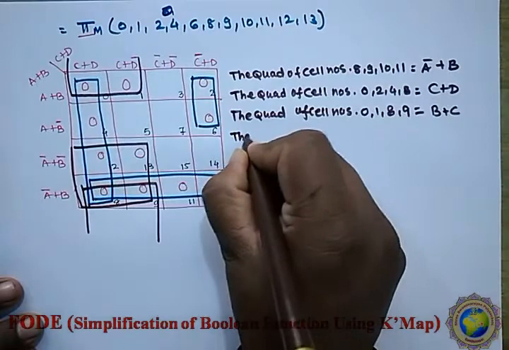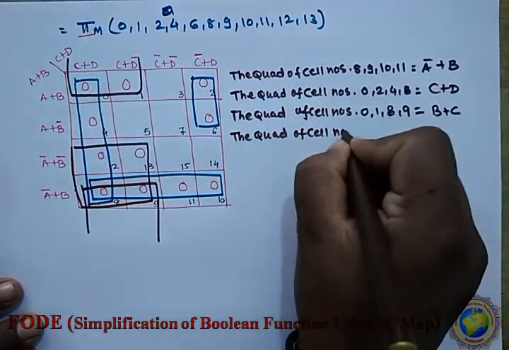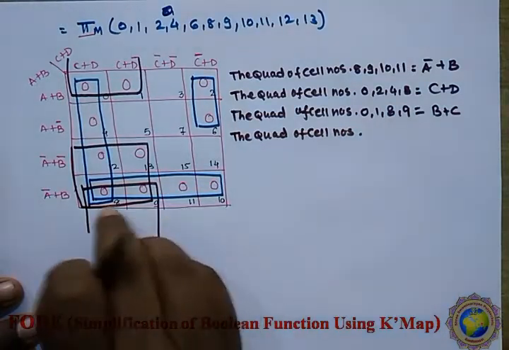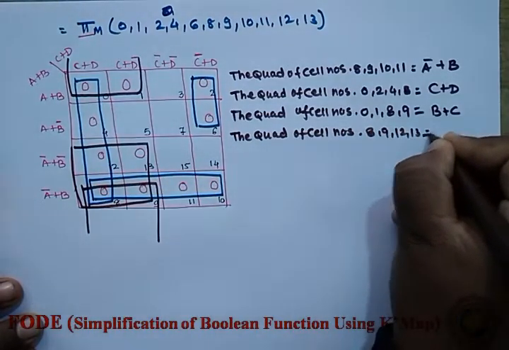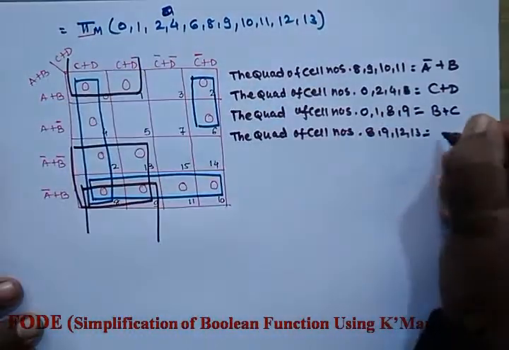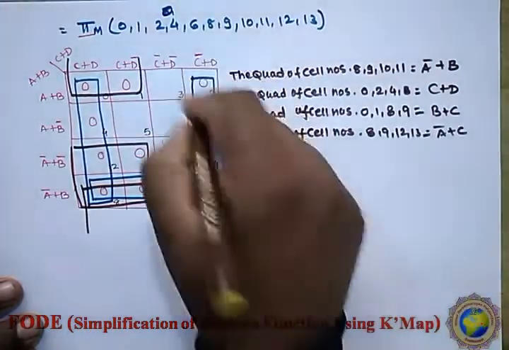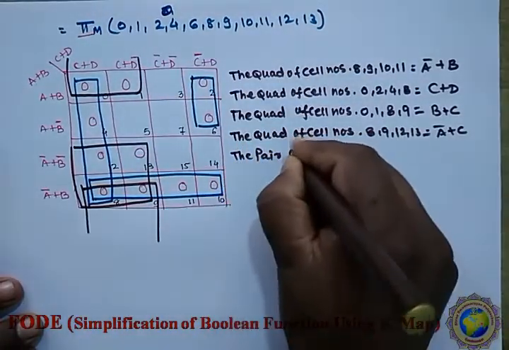Then the quad of cell numbers 8, 9, 12, 13. So this 4, A bar is the common, here C is common. So A bar plus C. And the last is the pair.